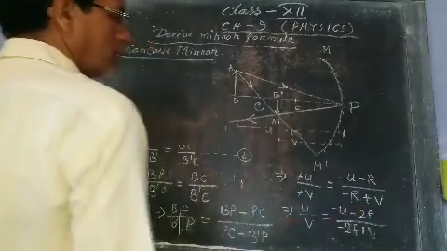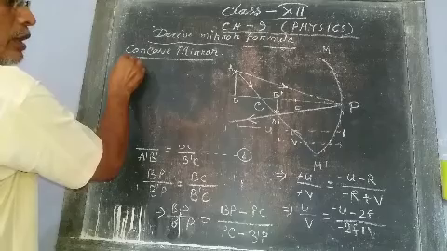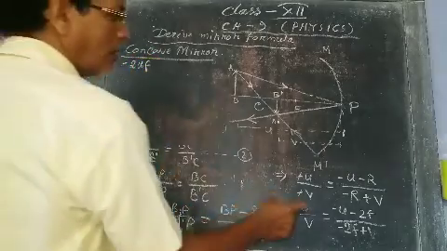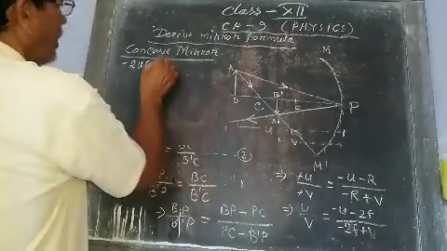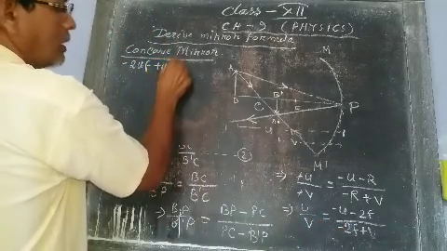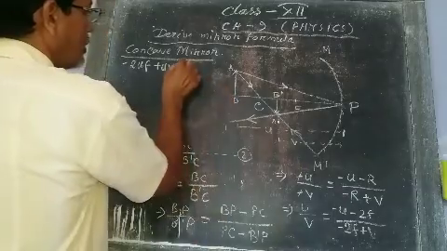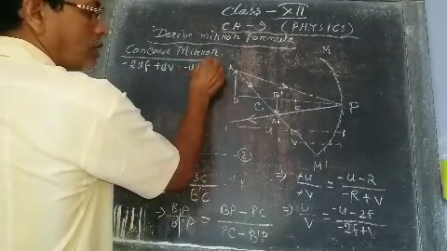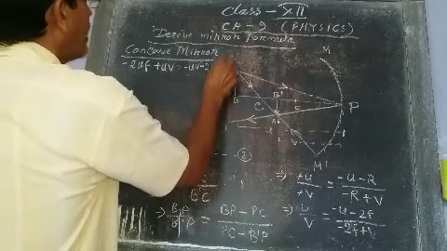This into this: minus twice uf plus uv equals minus uv plus minus twice vf.